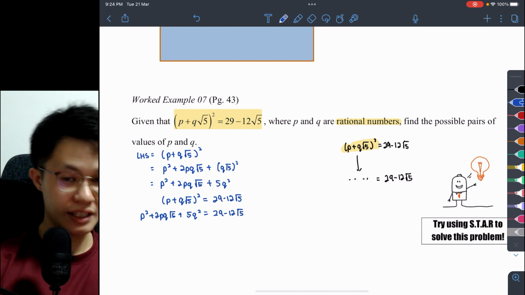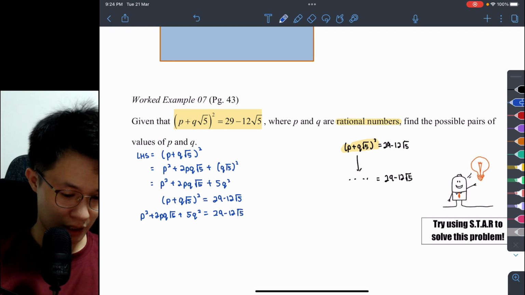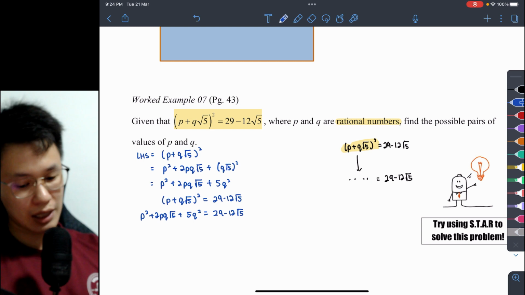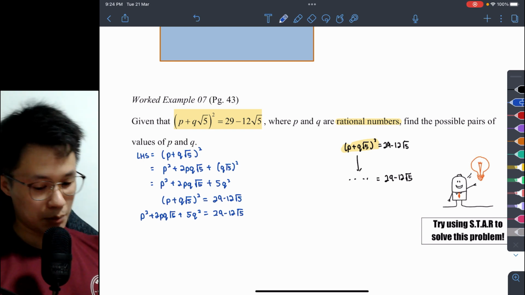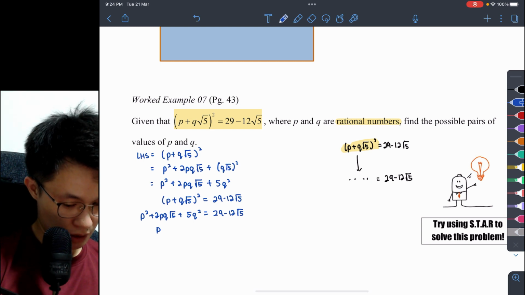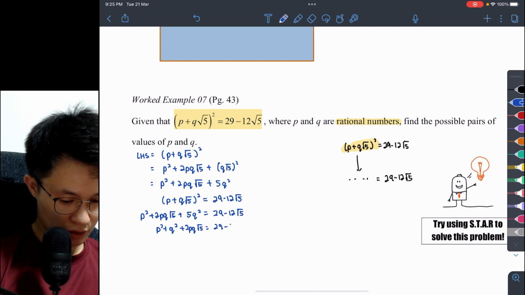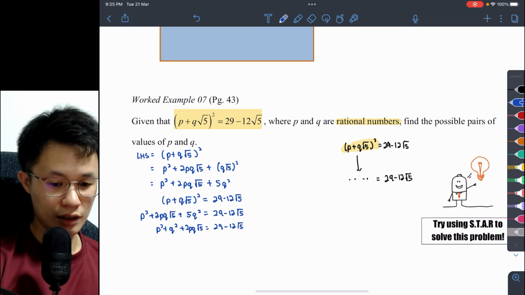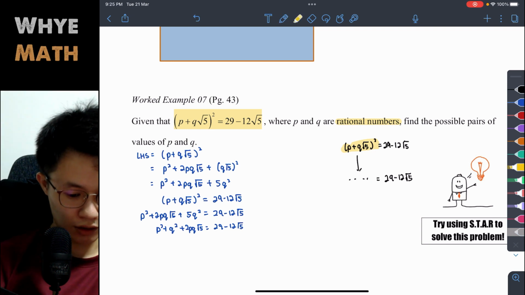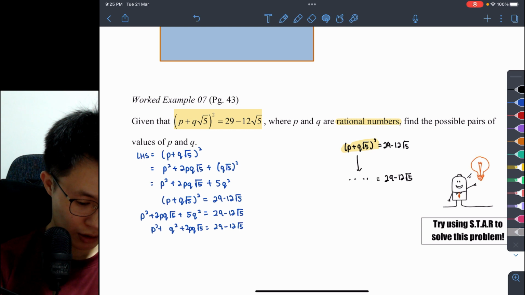We're going to compare the surd form and the rational numbers, p square and 5q square, and since p and q are rational numbers, this means p square and 5q square are rational numbers. So if I write it in this way, we can see here that, oh, I forgot the 5, so I'll just write the 5 out.